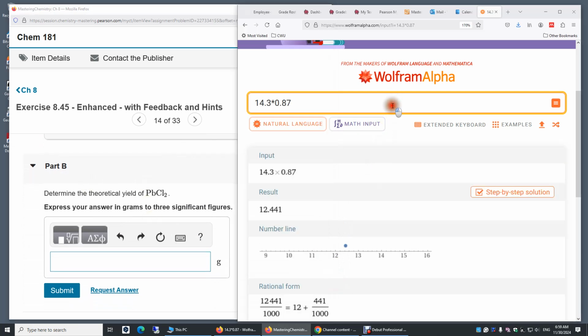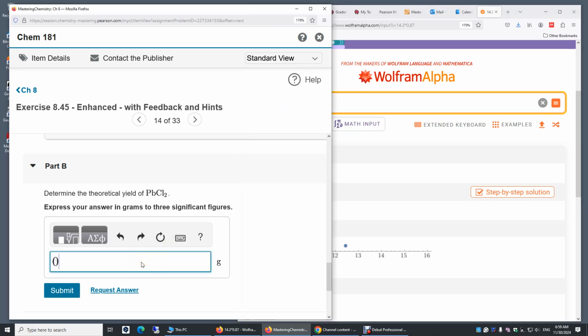Theoretical yield, we got it here. It's 12.44 millimole, or 0.01244 moles. And we need to convert it to grams, because over here it says gram. We look it up.